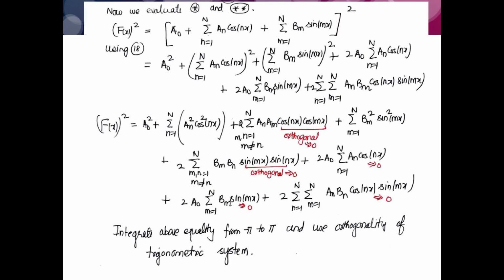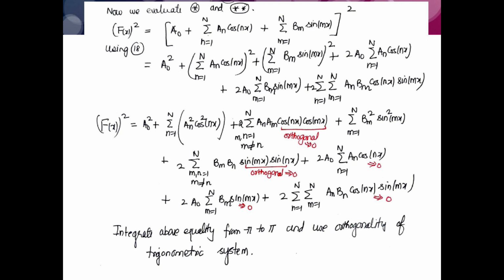Now we simplify capital F of x whole square. This expression is something like a plus b plus c whole square. Before we start the simplification, I am changing notation in the second summation with bn sin nx term.